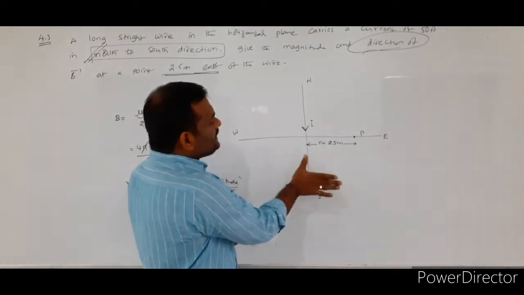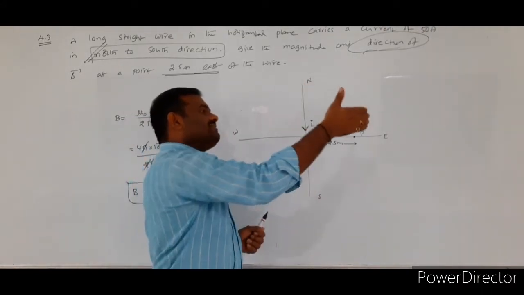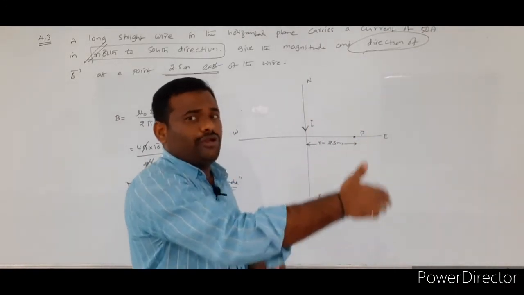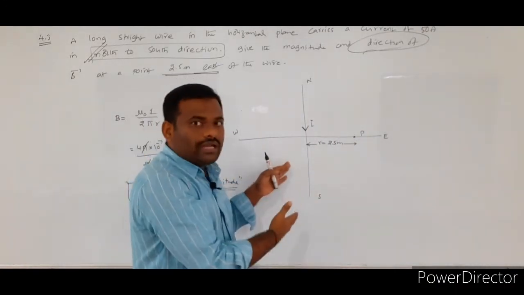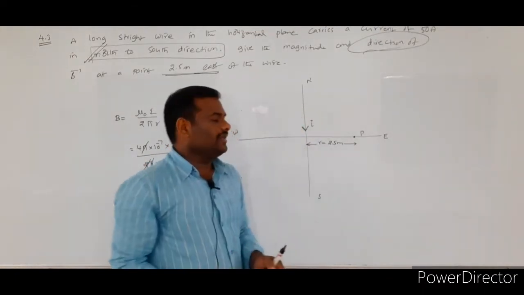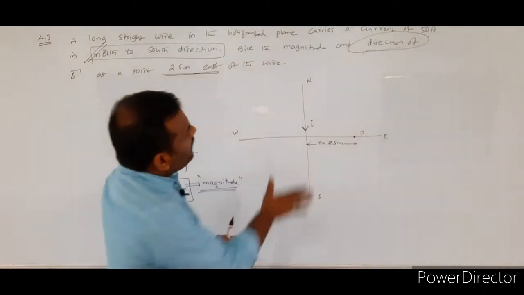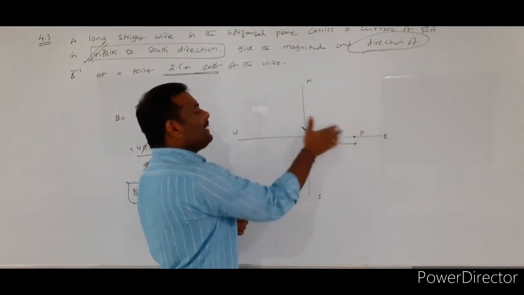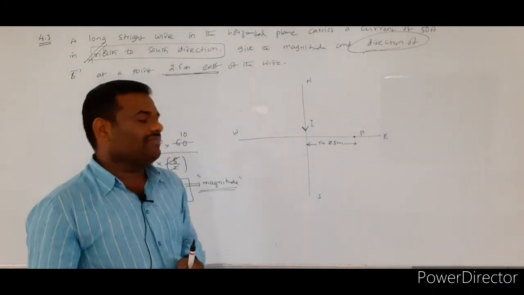If current is moving in the upward direction, the field lines will be acting into the plane of the paper. Already I explained this in the last numerical, because here we have to calculate the direction. So whenever the current is flowing in the upward direction, the magnetic field lines will be acting into the plane of the paper.